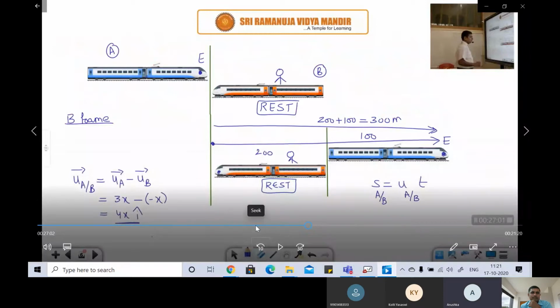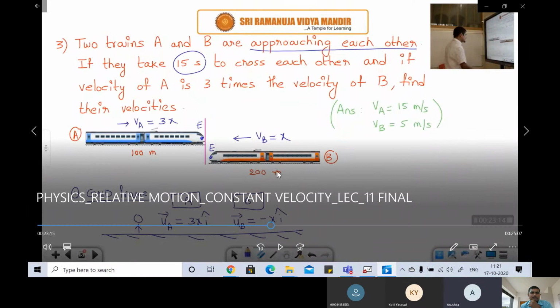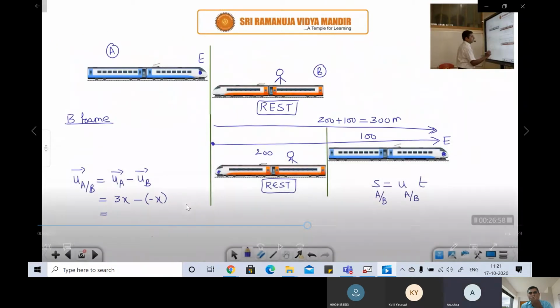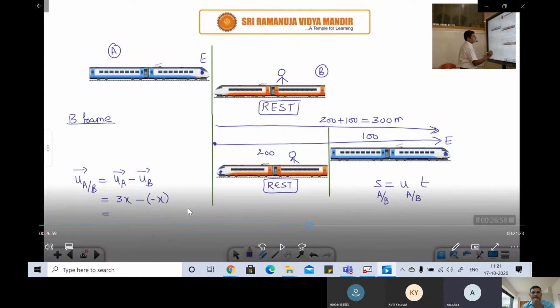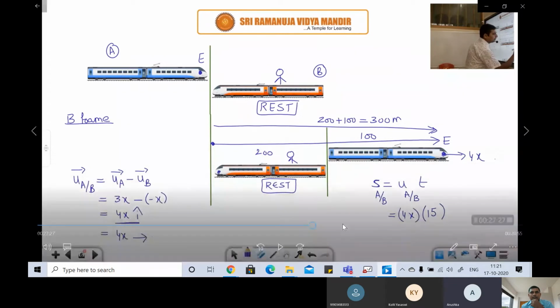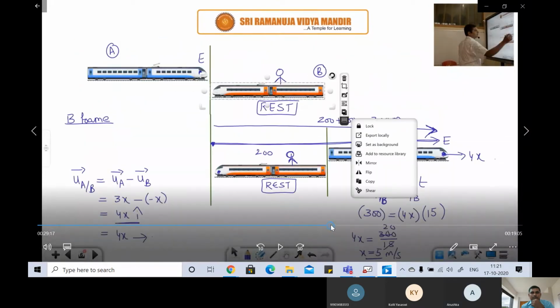Velocity of B is minus x. So when you substitute here, you can see 3x minus of minus x becomes plus x, which is 4x. So 300 is equal to how much?